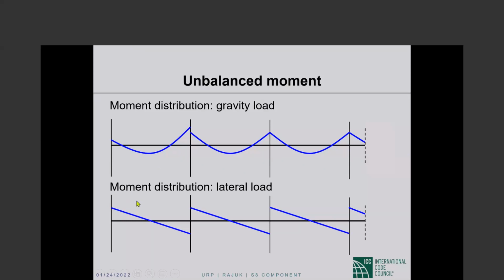However, if the same slab-column frame is called upon to resist wind loads or earthquake forces, the bending moments caused by wind loads will look like this. The green lines show you a very different kind of bending moment diagram. That's how bending moments vary under lateral loads.